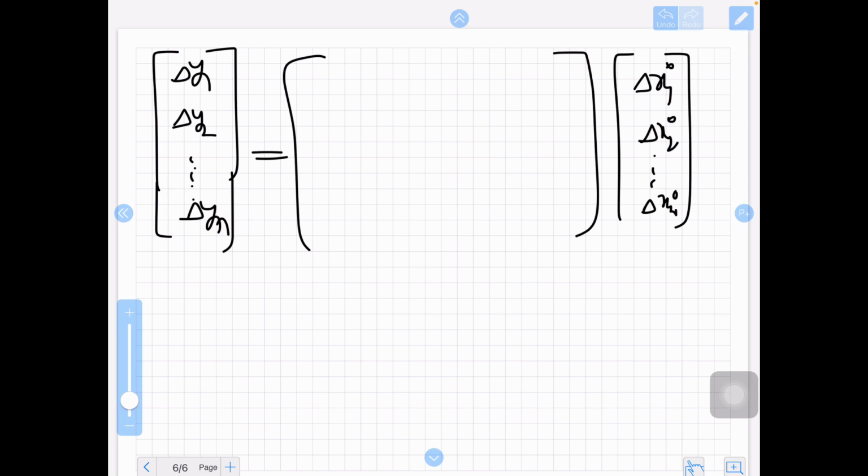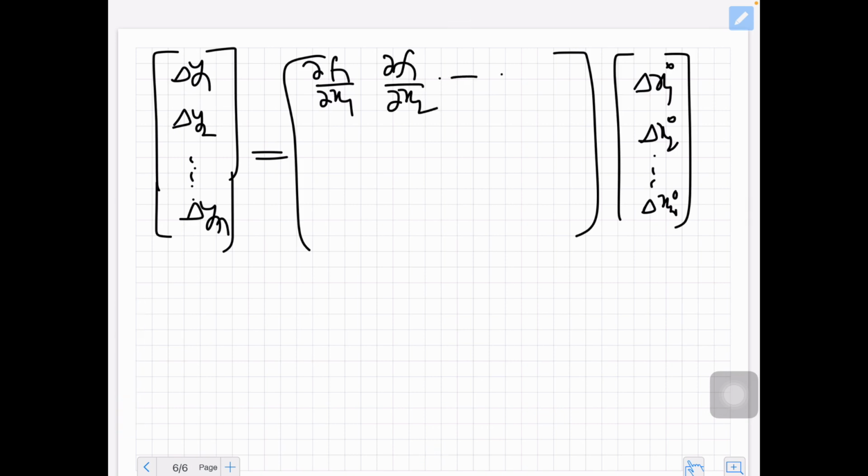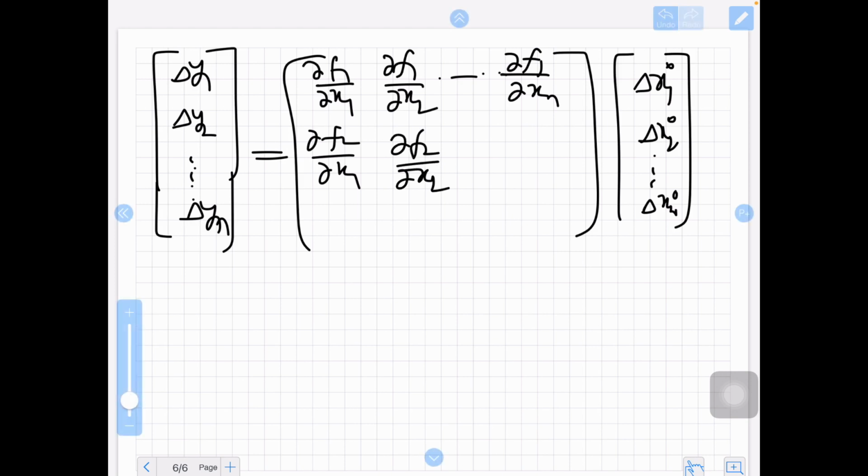the first order derivatives of the functions, that is dou f1 by dou x1, dou f1 by dou x2, etc. up to dou f1 by dou xn. So here you will get dou f2 by dou x1, dou f2 by dou x2, etc. dou f2 by dou xn.